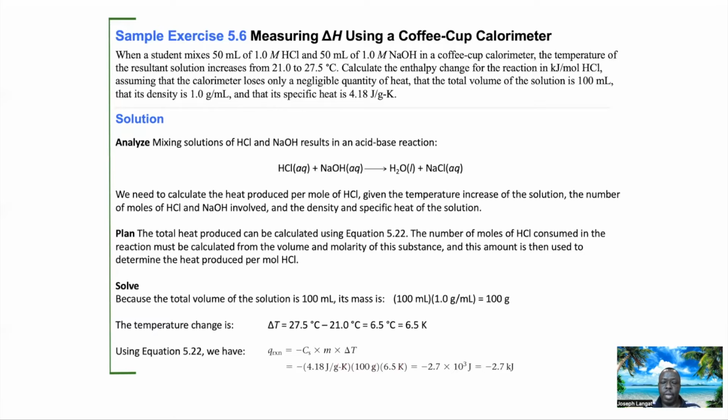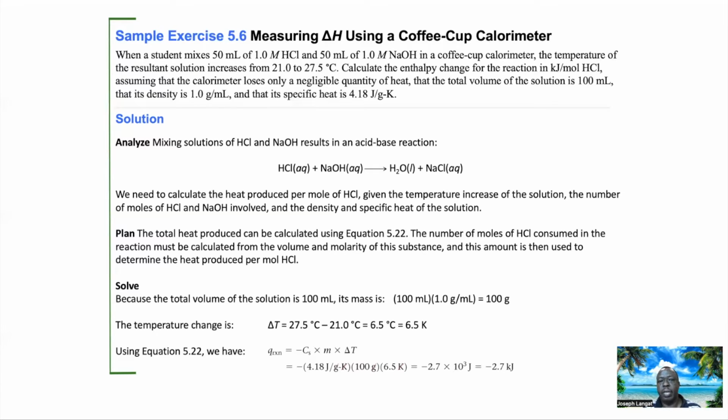What I want to mention here is that the negative is because it is an exothermic reaction. Quite often, as I mentioned before, students blunder out. They use the right equation, they study so hard, but they forget to use the right sign. Please, when you see an increase in temperature for such a calculation, always remember the sign.